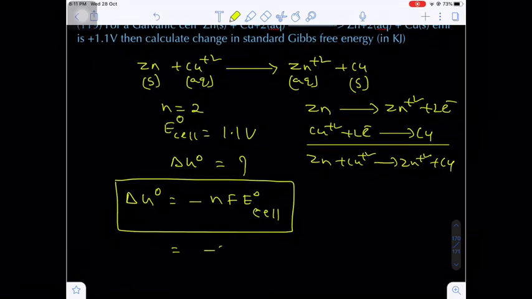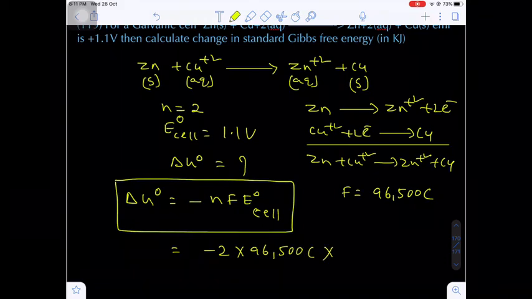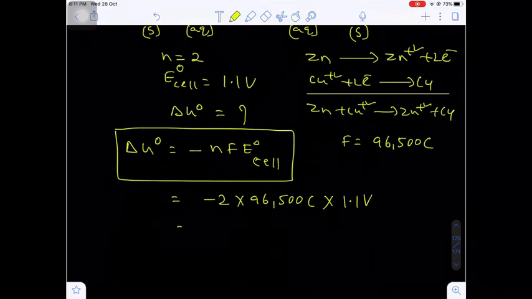Now how many electrons are participating? 2. Do you know what F is? Faraday, which is nothing but 96,500 coulombs of electricity. So the Faraday is a constant whose value is 96,500 coulombs, and the cell potential is 1.1 volts.